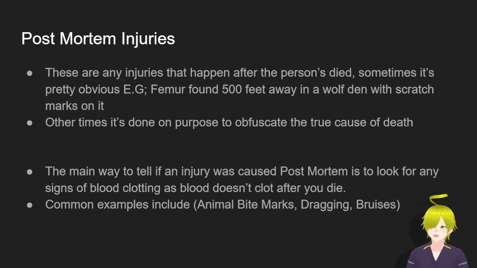The main way to tell is to look for any signs of blood clotting or healing from the wounds themselves. Because once you die, your body can't heal the wounds, and it can't actively send out the white blood cells to clot. Some common examples include animal bite marks, drag marks, and bruises, mostly because the body bruises very easily when you die. Surprise, I know.